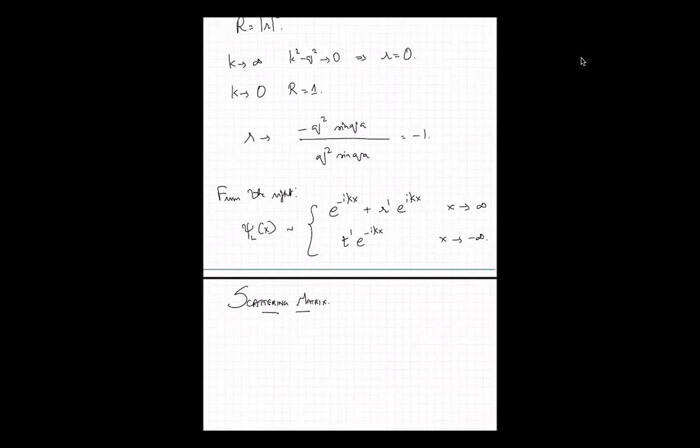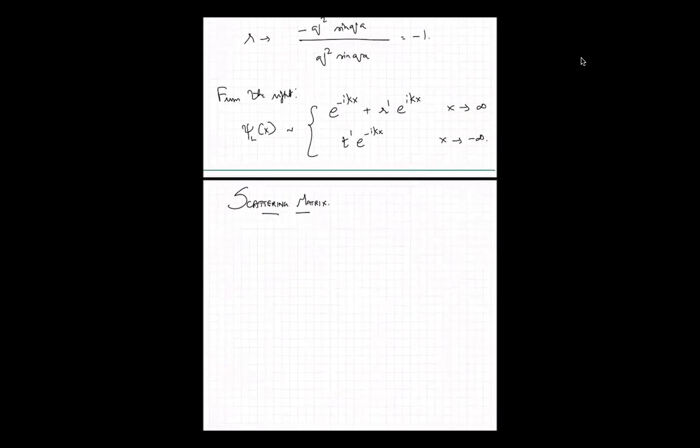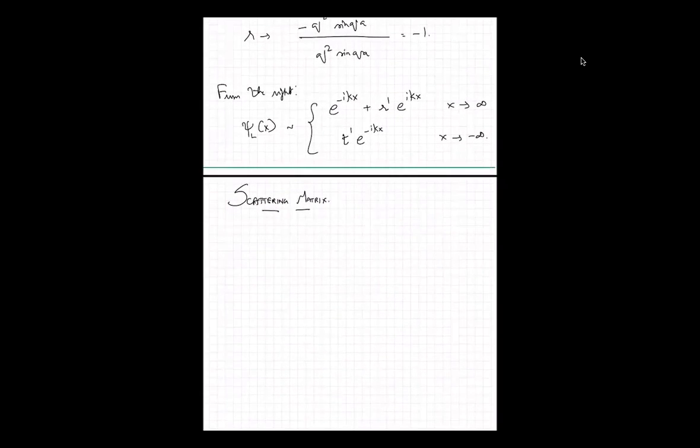So the first portion of this wave is one that is going towards the potential, and the second portion is something that is reflected back from the potential. So I can reformulate all of these by looking at things that are either going towards the scattering center or away from the scattering center.